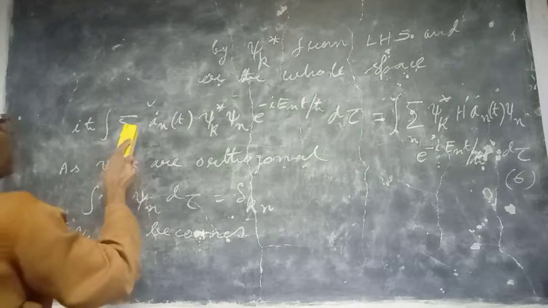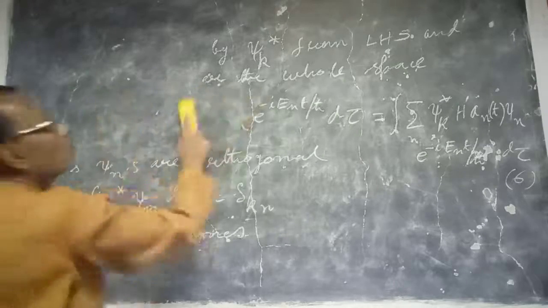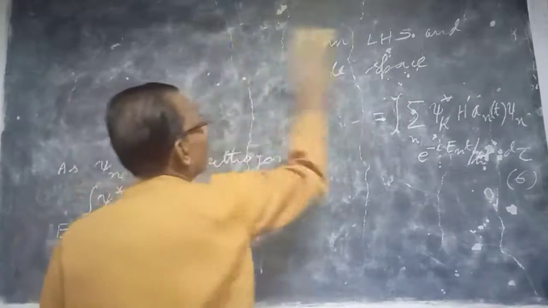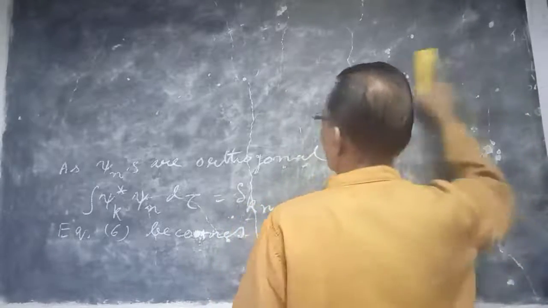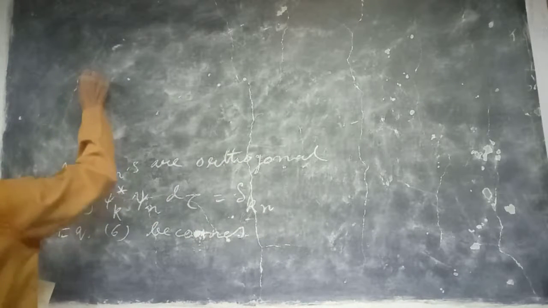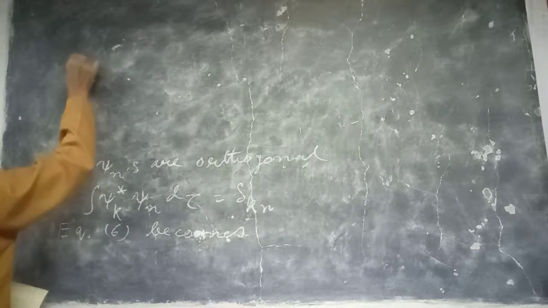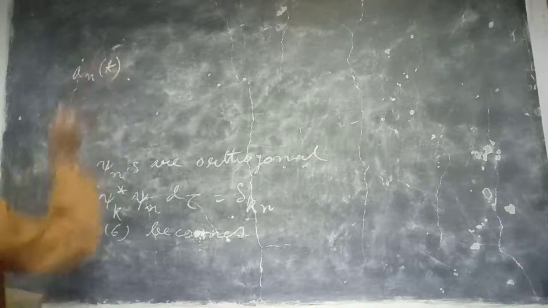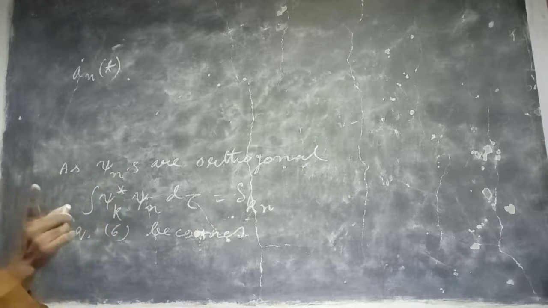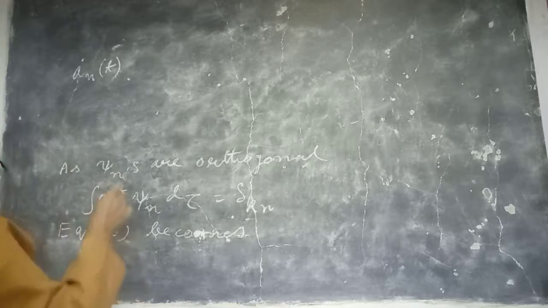only here we get a n dot t only when k is equal to n, so there will be only one term, the sum will not be there.